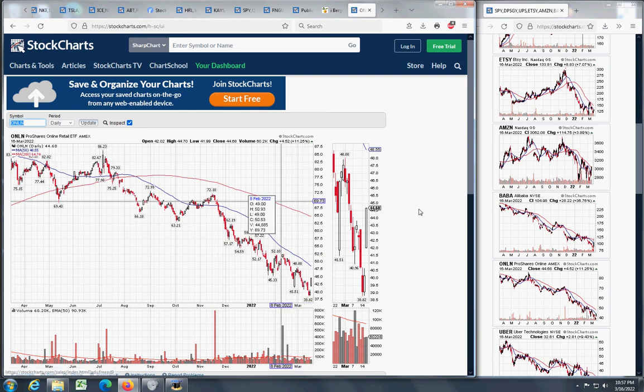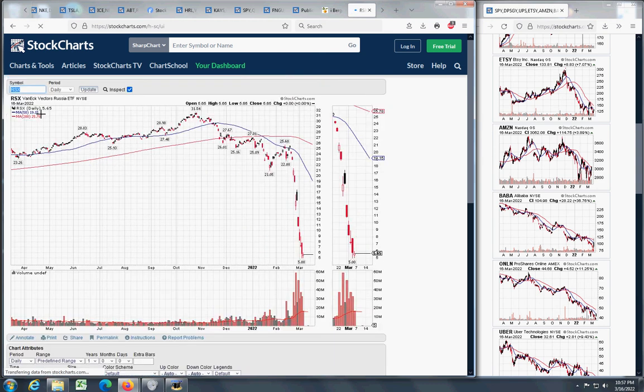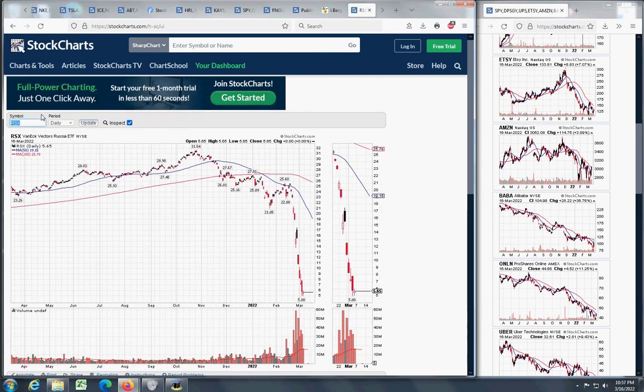Now, I want to point out something. All these tremendous drops, RSX, sometimes they will turn around, but they don't have to turn around. This is Russia. At 15, this was like a once in a decade opportunity to buy. This was some of the lowest prices going back to the financial crisis and such.